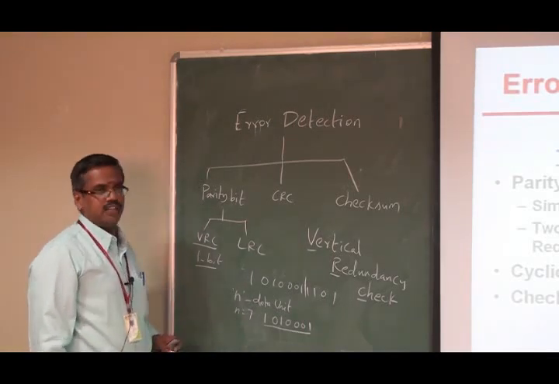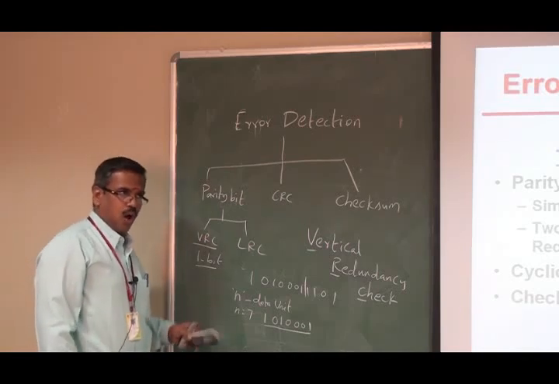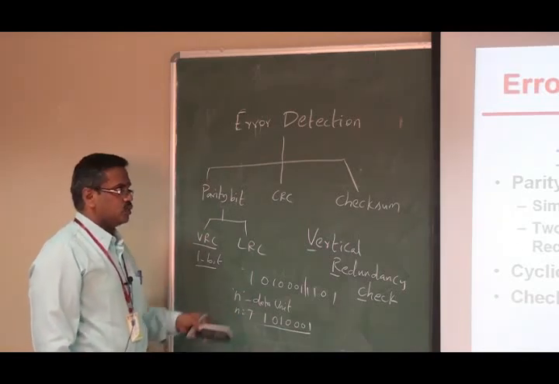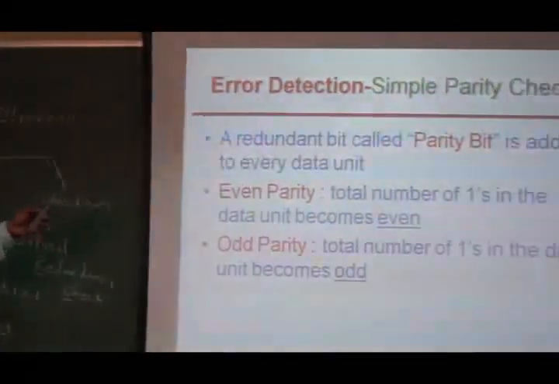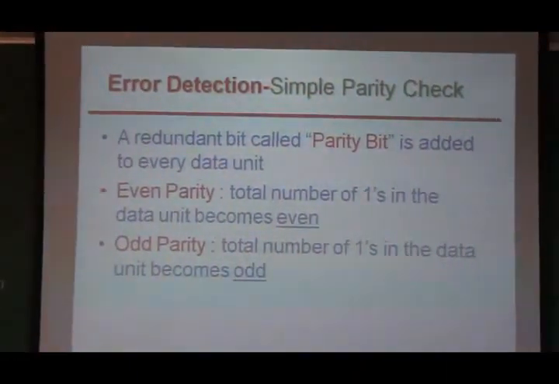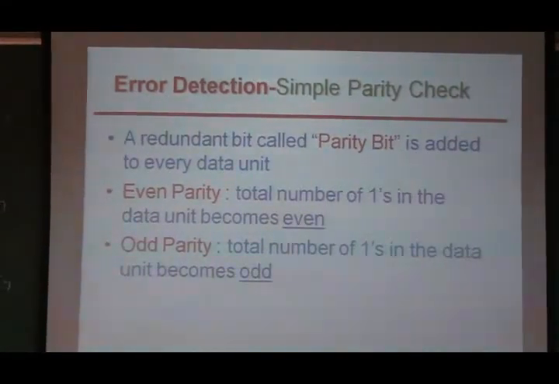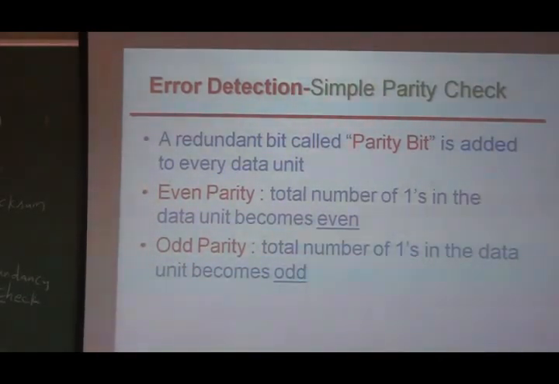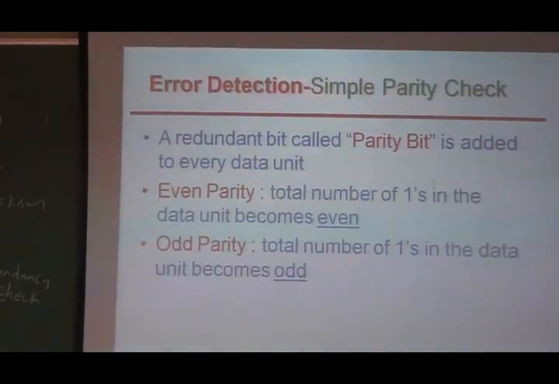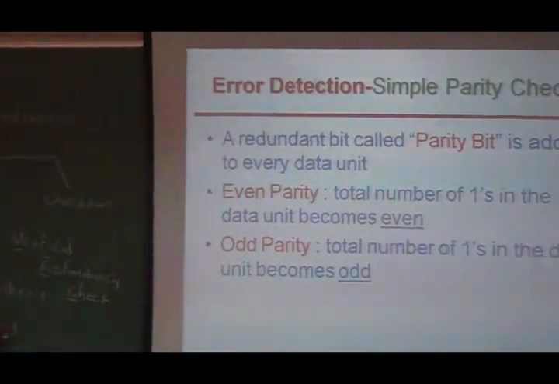How can you add this parity bit? What method are you using for that? For that we have two options, even parity and odd parity. What is even parity? The total number of ones in the data unit becomes even. Count the number of ones here: 1, 2, 3.